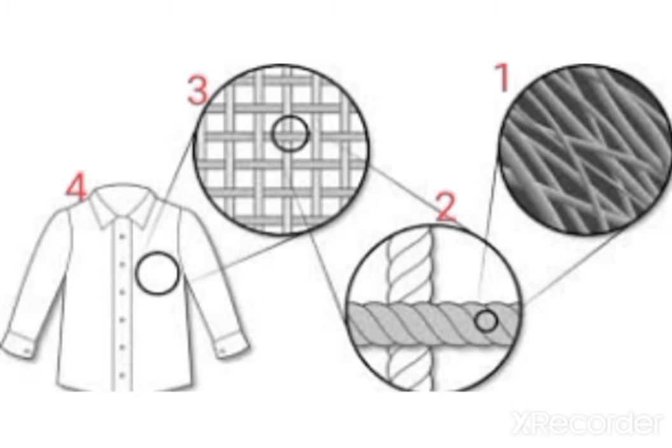We now know what fiber is. When fiber is woven together, it forms fabric. Let's say a woolen sweater. You must have seen how your mother or maybe grandmother weaves sweaters from woolen yarn. They knit the sweater actually. In this picture, in circle 1, you can see these are the fibers.